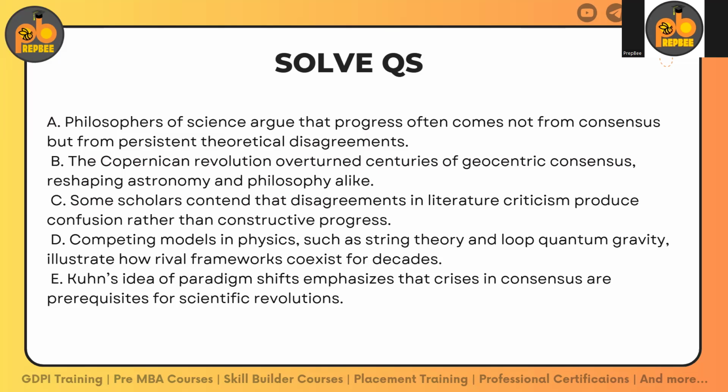Now C is talking about literary criticism. It is not talking about science. It is talking about some scholars having some kind of thought about it. C also talks about disagreements. It looks familiar, but it belongs to the humanities. It does not belong to scientific revolution. And hence, C is your answer.